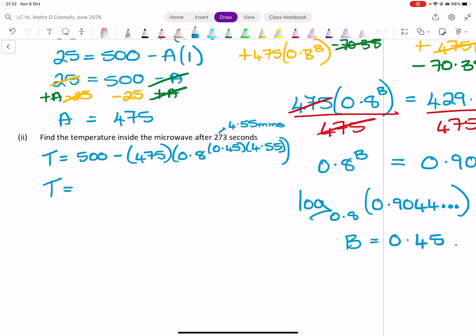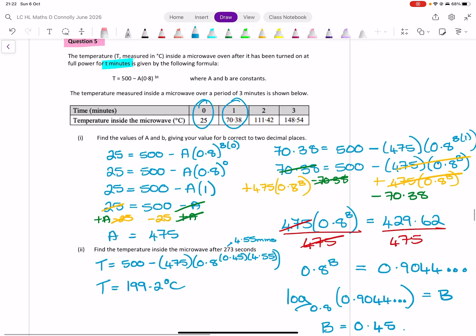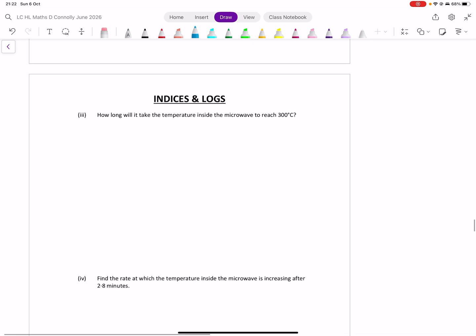Okay, let's try it again. Multiplied by 475 and then 500 minus the answer. That makes 199.2 degrees Celsius, which seems fine.